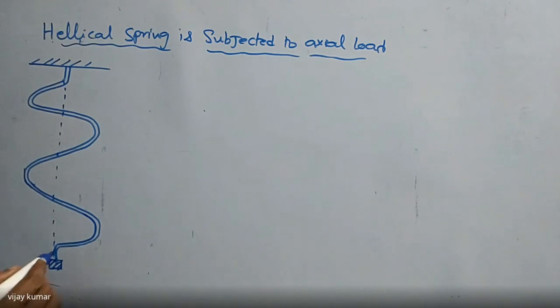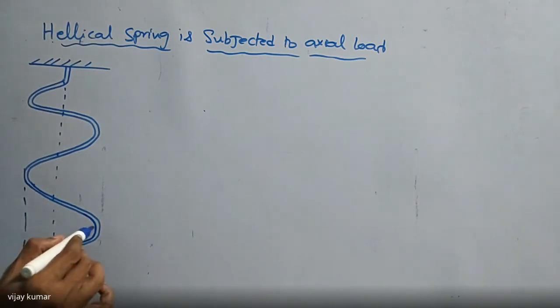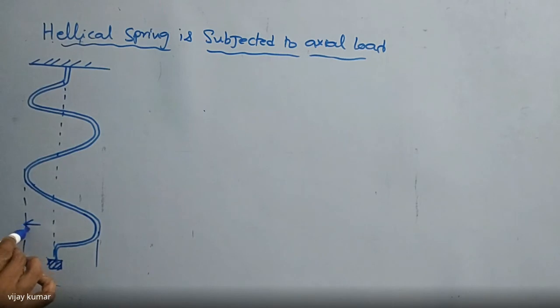This is the radius of the coil. This one is nothing but the mean radius of the coil. It is also equal to mean diameter, that is 2r. So radius is nothing but r here.